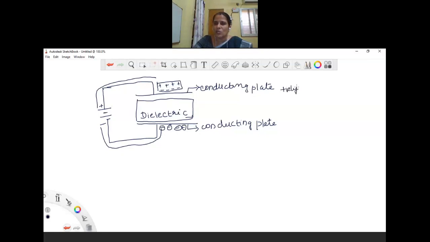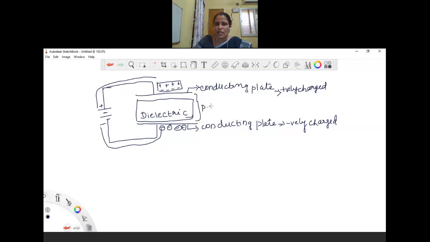Because of the shortage of electrons, this plate becomes positively charged, and similarly this plate becomes negatively charged. So this plate will be at a higher potential and this plate will be at a lower potential. So there will be a potential difference between these two plates.